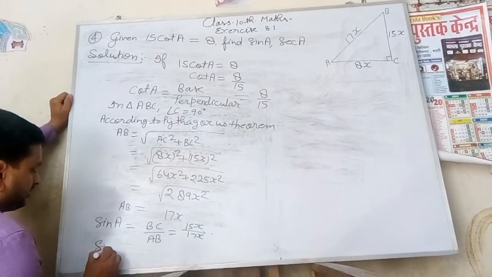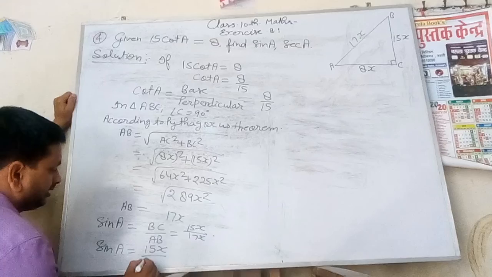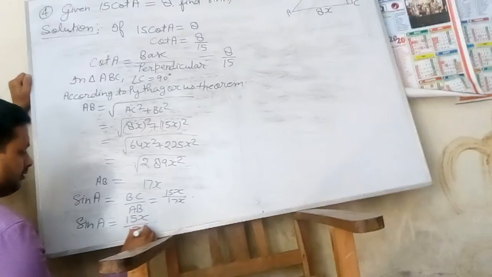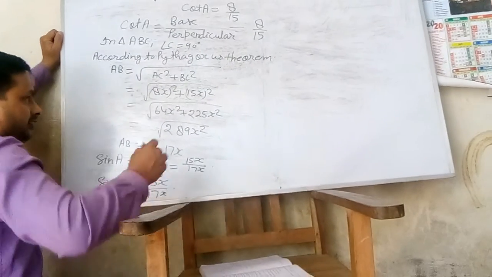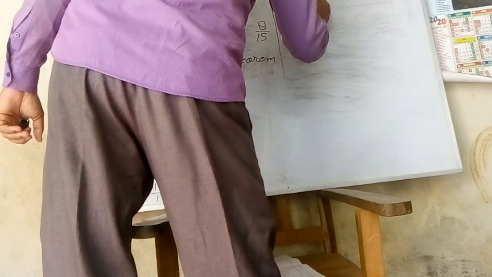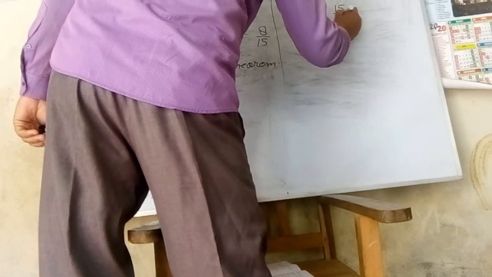So sine of angle A equal to 15x upon 17x, and it becomes sine A equal to 15 by 17.